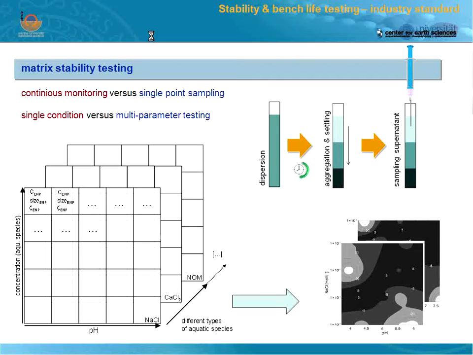And then we are taking, from a defined depth, the supernatant, analyzing the supernatant. And we are doing this for many, many different electrolytes that are important. And we are doing this for many different concentrations and many different pHs. And then we are measuring the concentration of the particles in the supernatant, the size of the particles, and the zeta potential. And we are putting this in these kind of plots here.